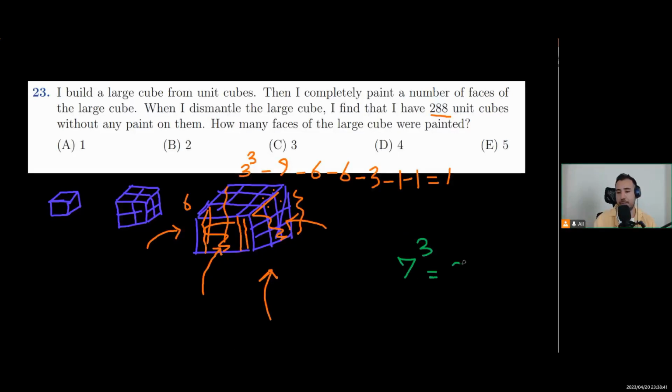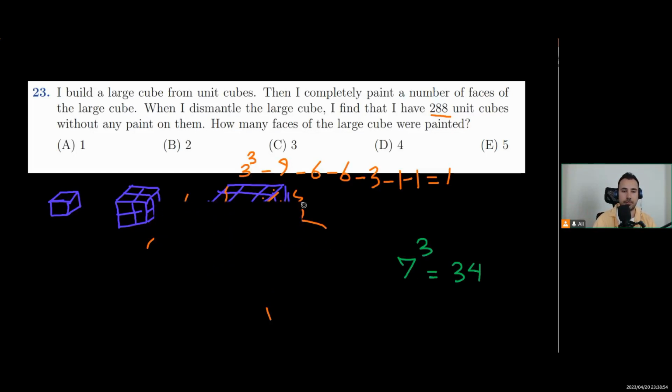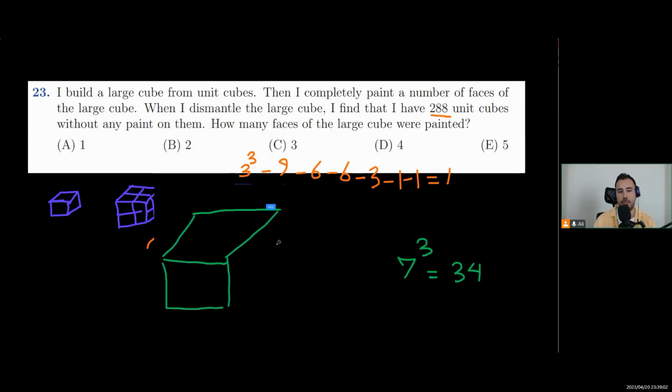So we'll have 343. Okay. So if we go and color, but of course this will be 7 by 7, right? So let me clear this. Okay, we're going to have a 7 by 7 cube, right? It would be much larger.